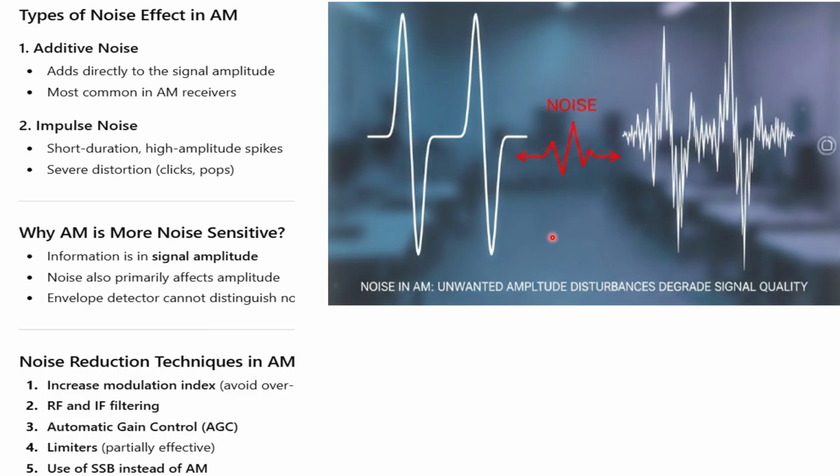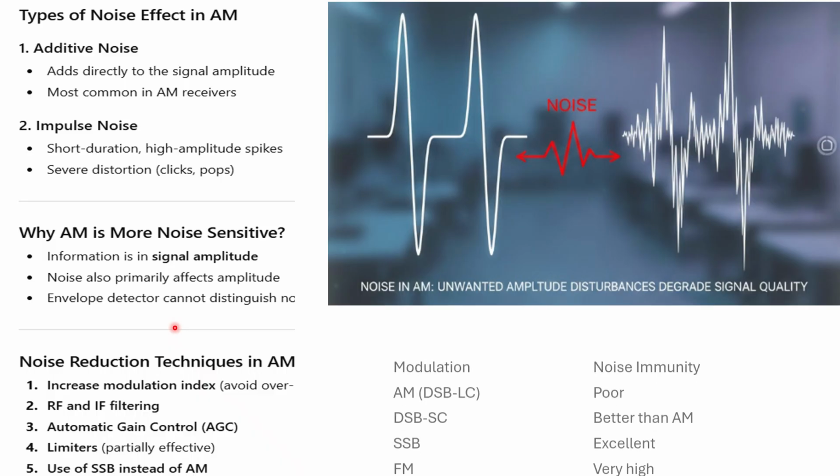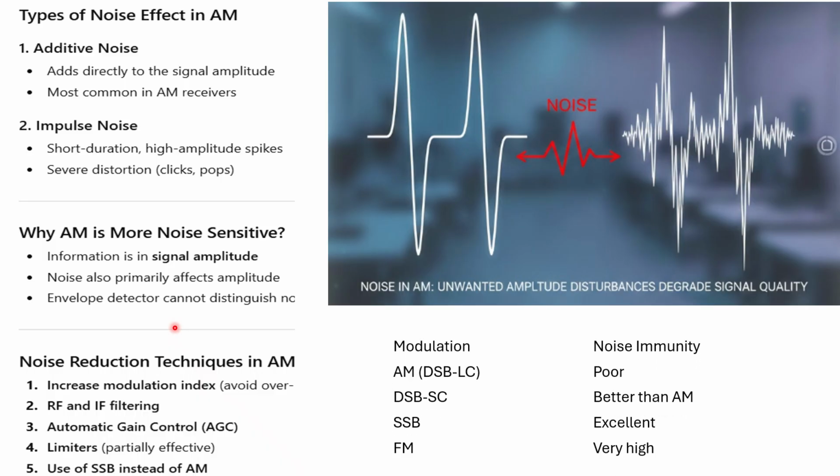So the envelope may not be as per the original message signal. That is the challenge. And how can we reduce the noise in AM? Increase the modulation index, then RF and IF filtering, automatic gain control, limiters, and use of SSB instead of AM. These are the ways to reduce or suppress this effect.